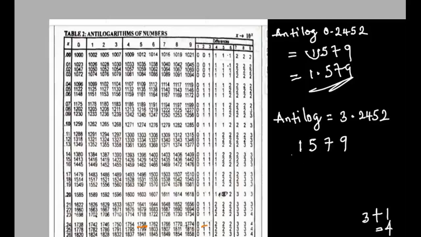So I'll move 4 times forward from the front. That is, I will have 1, 2, 3, and 4. Moving 4 times forward gives us this. And therefore, for this question, the anti-log of 3.2452 is just 1579. Yes, and this is my answer here.